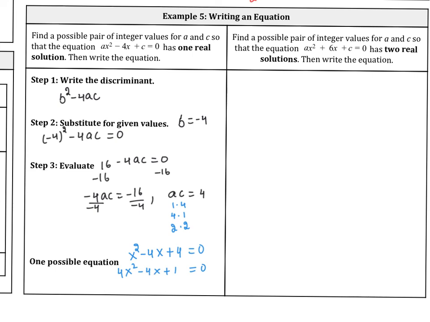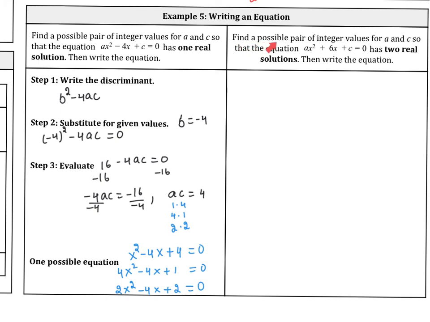The last option is going to be 2x squared minus 4x plus 2 equal to 0, where you have a as 2, c as 2, and b is already given as negative 4.